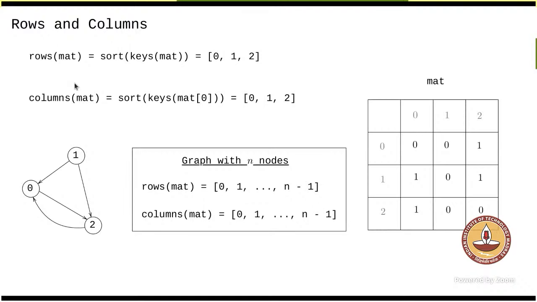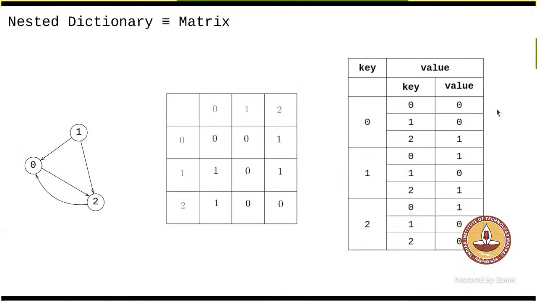Sir, if sort of keys of mat of 0 is giving the key values of 0, then why are we getting 0, 1, 2? I'm not getting this. It won't give us the values, right? It will see, what is mat of 0?